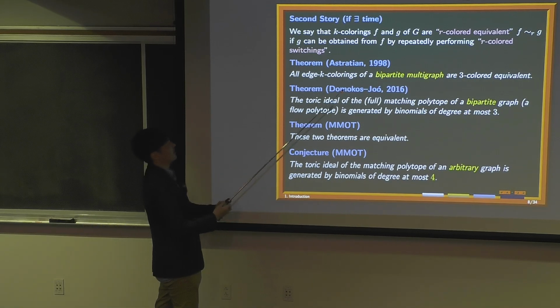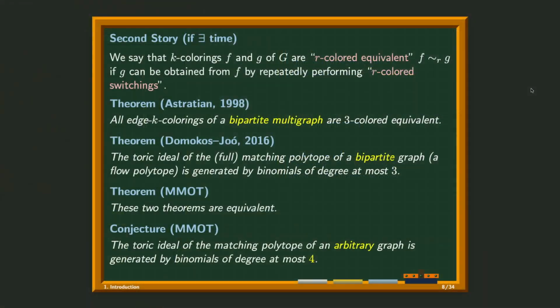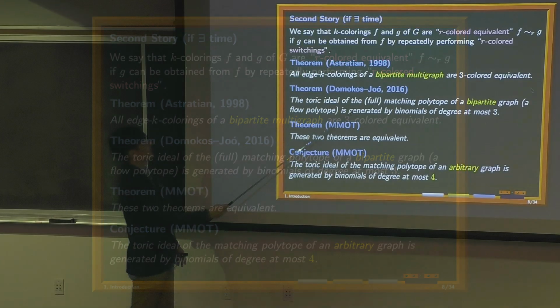We can generalize Kempe equivalence. We say r-colored switching and r-colored equivalent. It was known, in the story of edge coloring, that all edge k-colorings of a bipartite multigraph are always 3-colored equivalent.